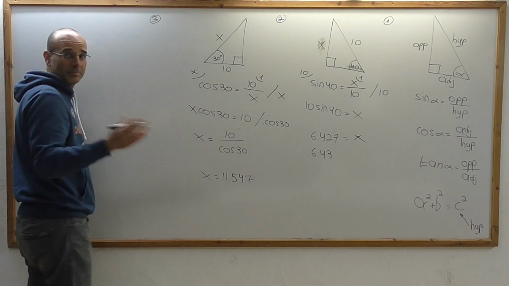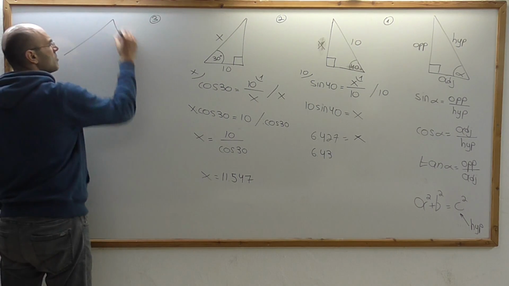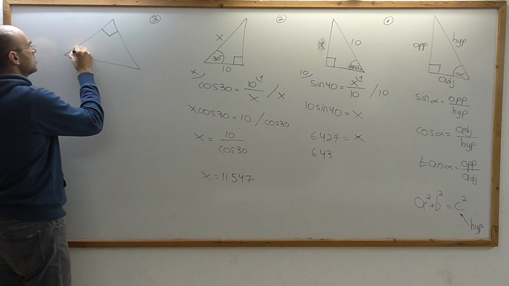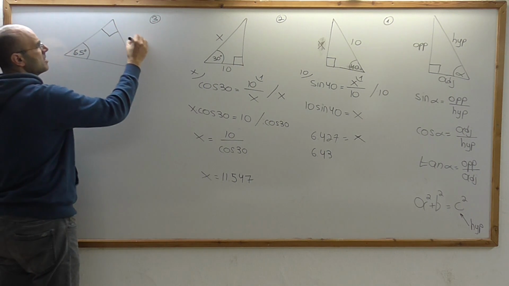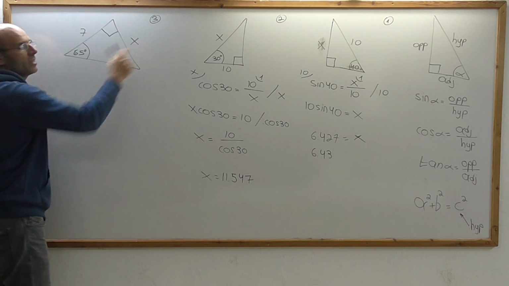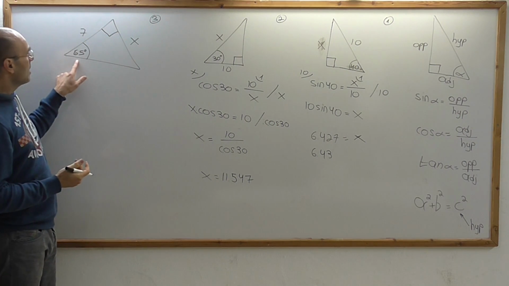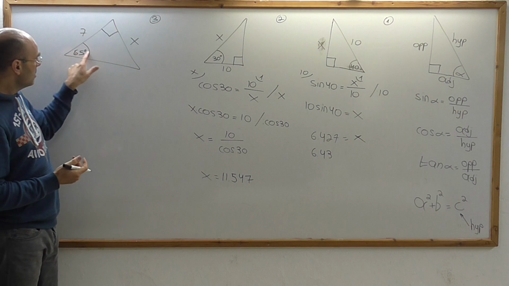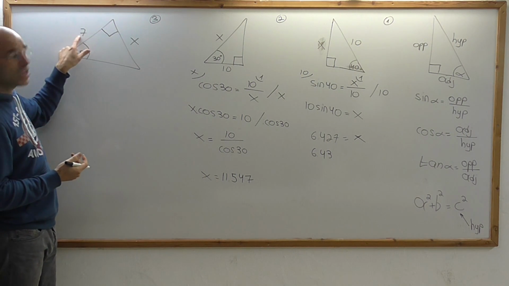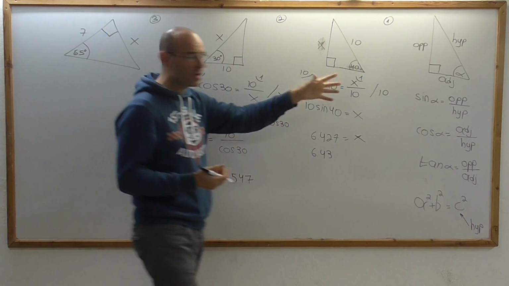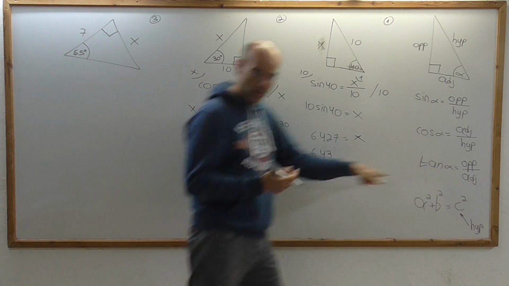3. Let's turn the right triangle like this. Suppose this is 65 degrees, this is x, this is 7, I want the x. Again, I want the opposite side. I have the adjacent. Op, adj, who corresponds with op and adj? Tangent.